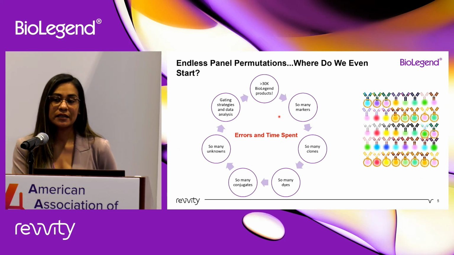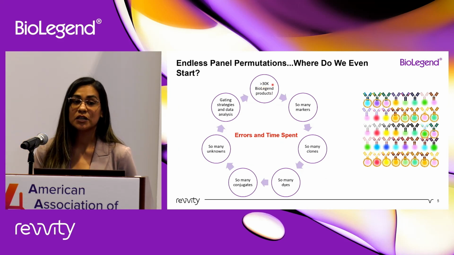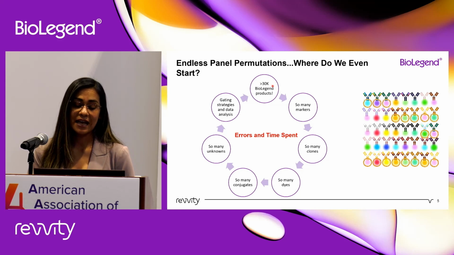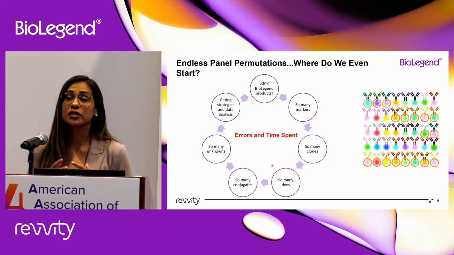At BioLegend, we are proud of offering more than 30,000 products that you can use to successfully characterize your research. However, as scientists ourselves, we empathize that having so many markers, so many clones, so many dyes, and so many conjugates can be a bit overwhelming and it could be hard to decide what to include in your panels.